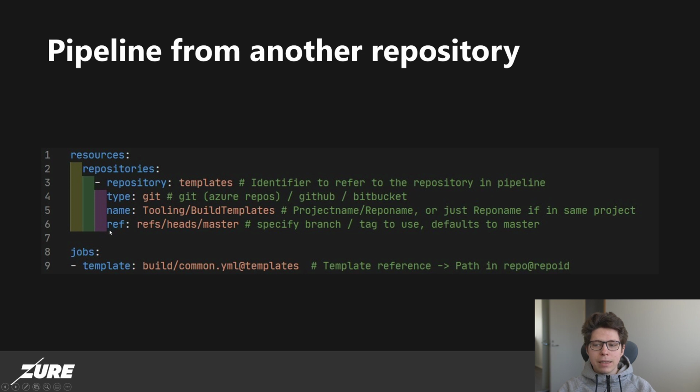And then we can also specify from which branch this template is taken. It's taken from master by default, but you can specify whatever you want here. Master is probably the one that you will be using in any case. Then in our jobs, we can just say that in build/common.yaml, in our templates repository specified here, there is a template that we need to run.